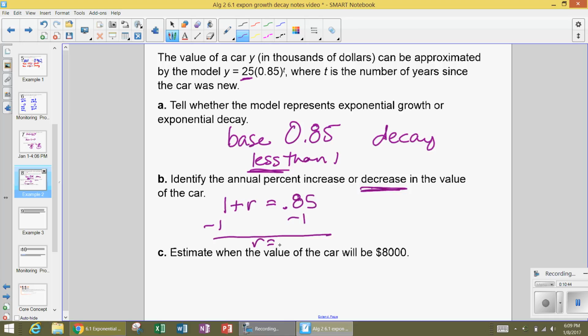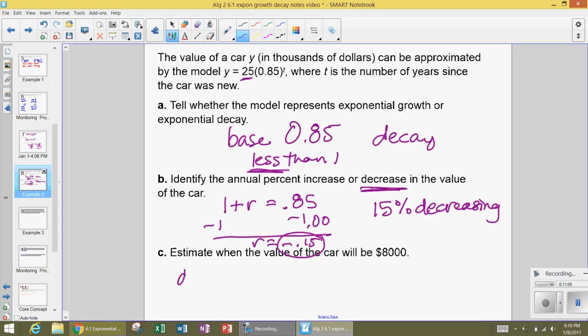And if you need to use your calculators for this, this is okay. 0.85 minus 1.00 is going to give us negative 0.15. So our decreasing rate is 15%. And I know it's decreasing because it's negative. Next, estimate when the value of the car will be $8,000.